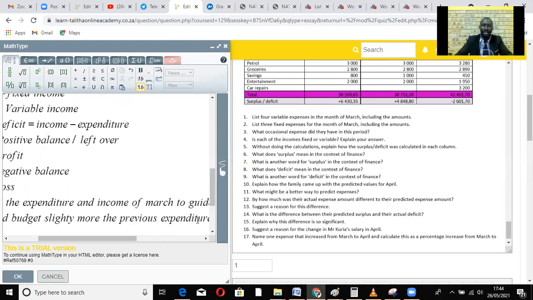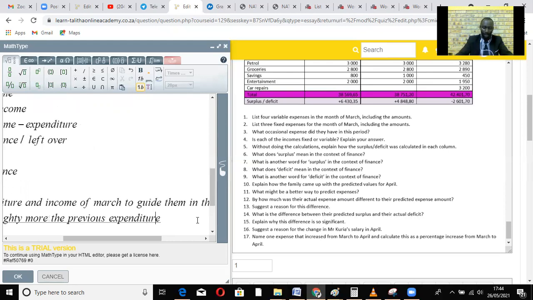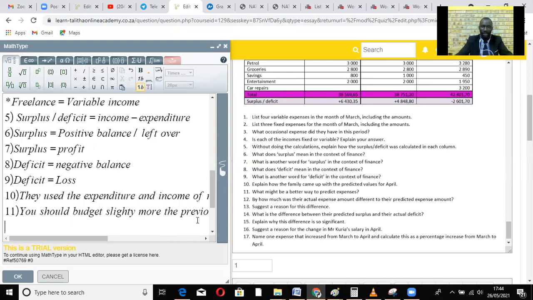Okay. Now, the next thing we want to look at is question 12. Well, now, question 12 is asking that by how much was the actual expense amount different to their predicted expense amount?